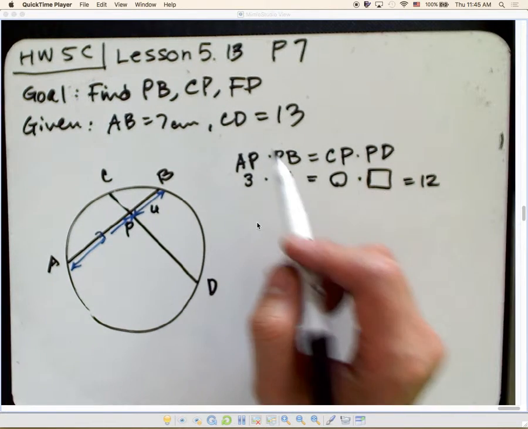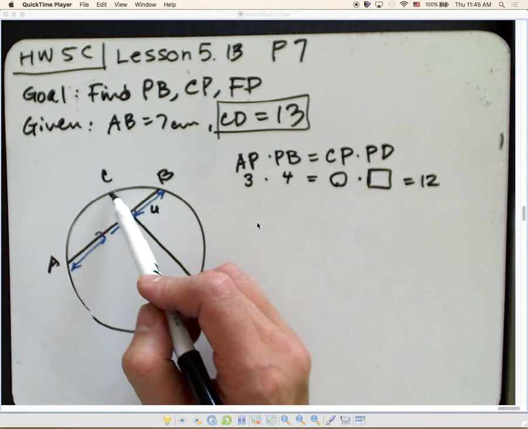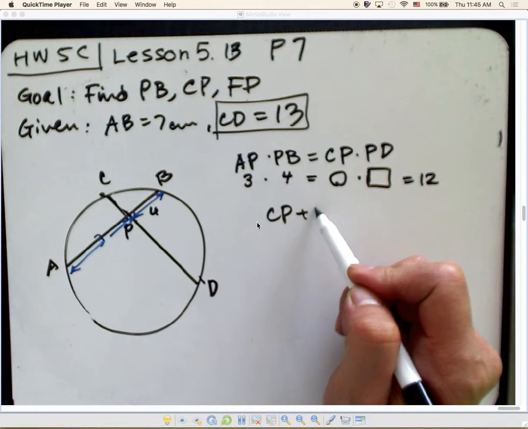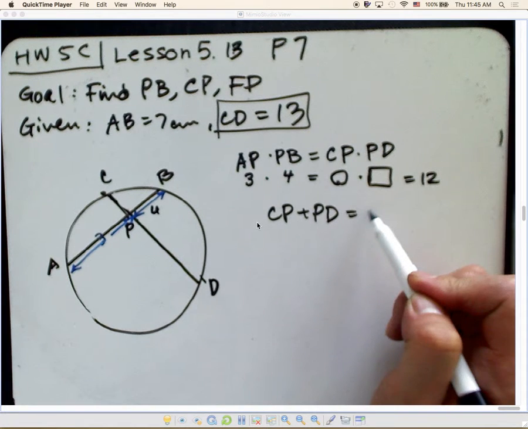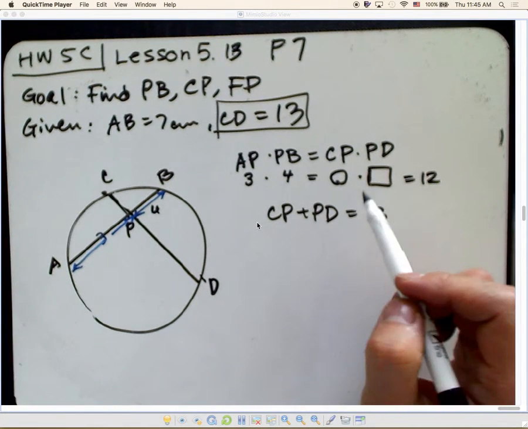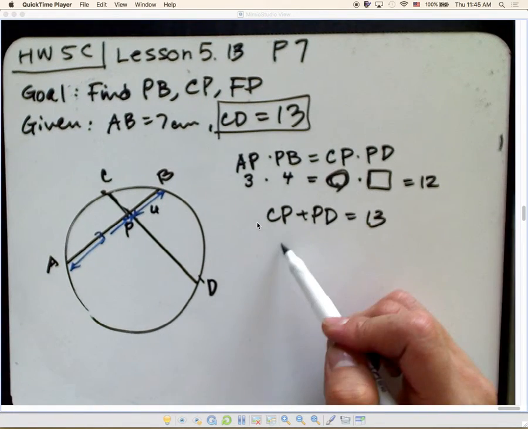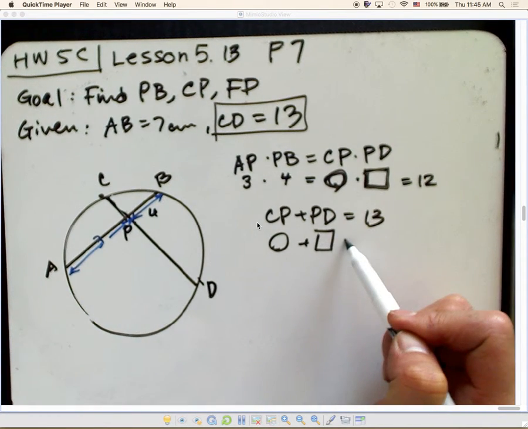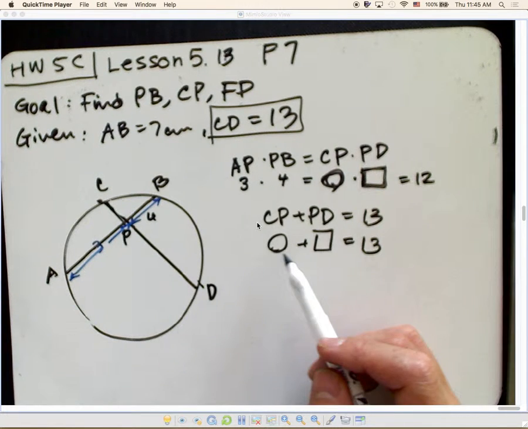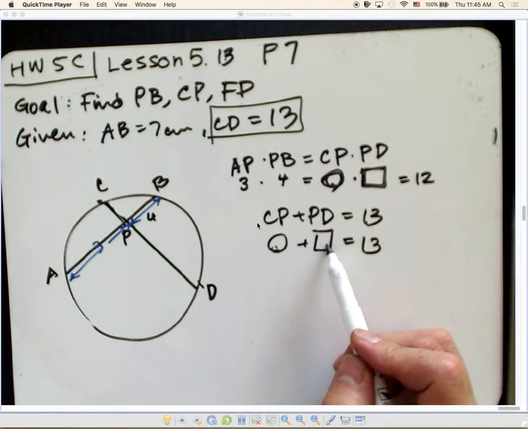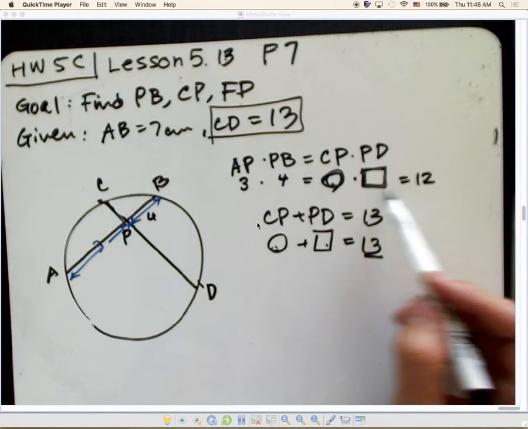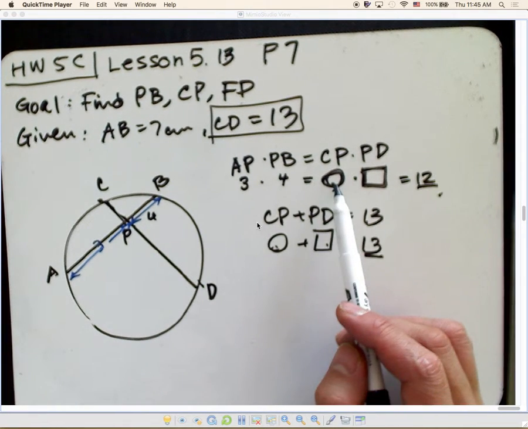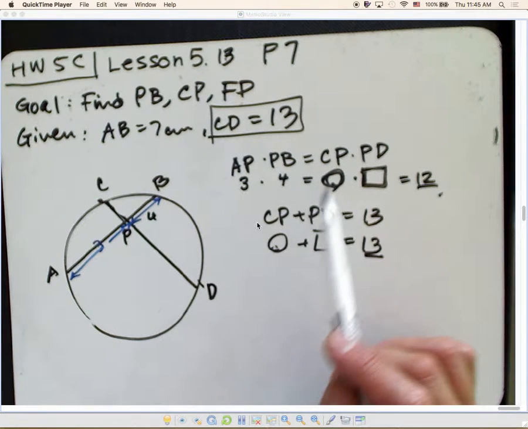But CD is CP plus PD, so CP plus PD has to be 13. So you have to find the numbers that add up to 13 and multiply to 12. That's going to give you CP and PD.